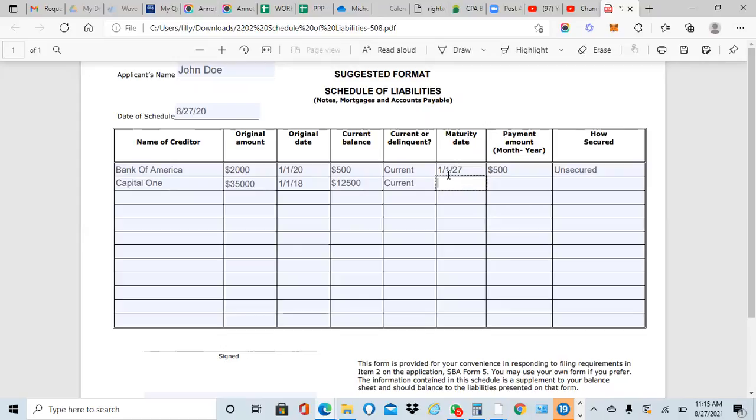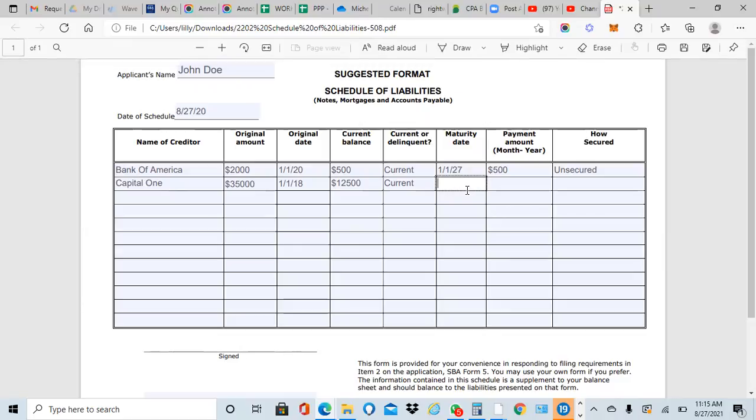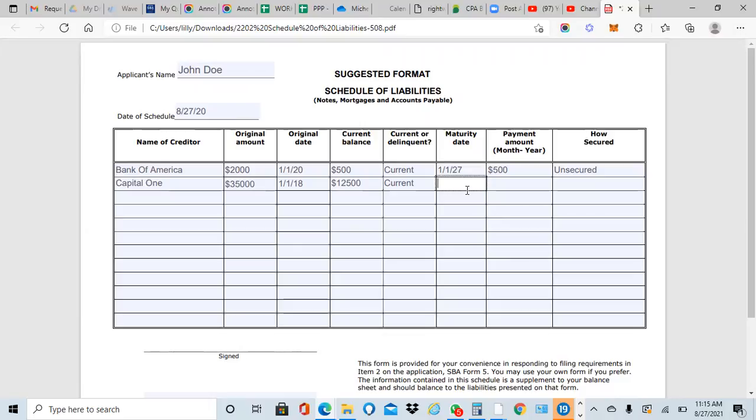Now, if you aren't paying the credit card or loan for more than 3 months, that is delinquent. Okay, now maturity date. Maturity date is 7 years from the original date you acquired this credit card or loan.